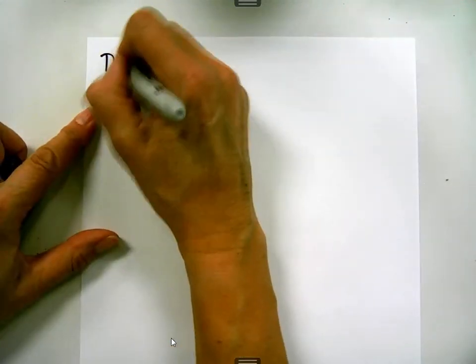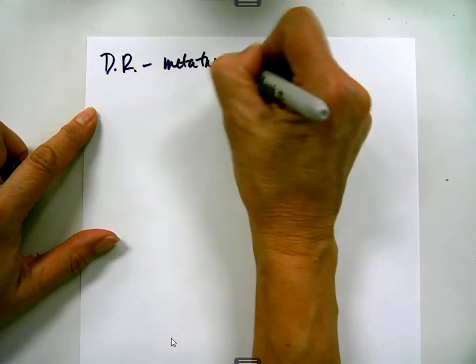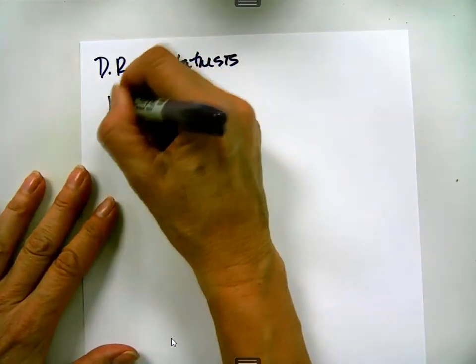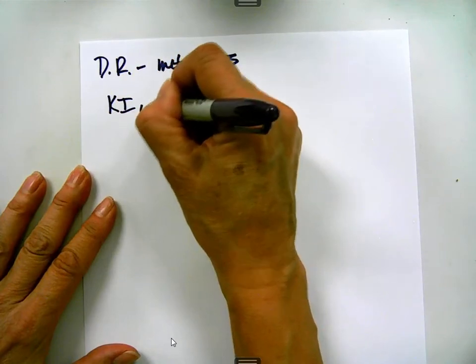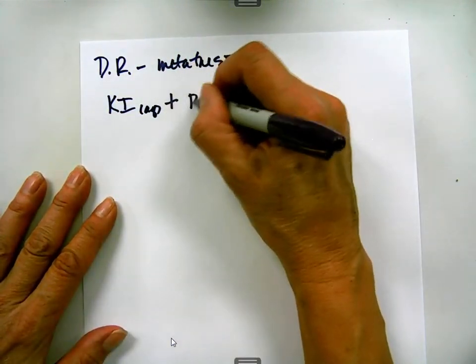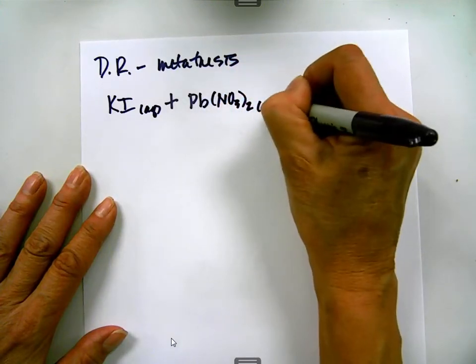So the general form of double replacement first. Double replacement, also called metathesis reactions. So look at double replacement reactions. Here's my favorite one. Potassium iodide, aqueous solution. I'm going to add to a solution of lead nitrate, also an aqueous solution.